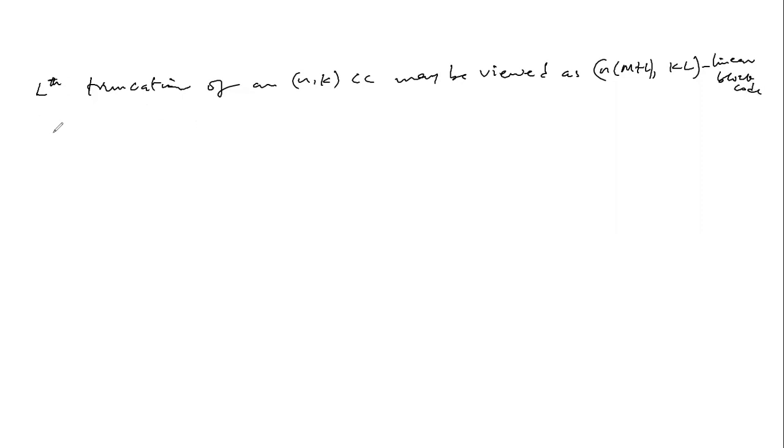Hence, the (n, k) convolution code that has been truncated to the (n(n+L), KL) linear block code is seen as a special kind of block code. And from this, recall that the rate of the code is the same as the message bits over the block length.